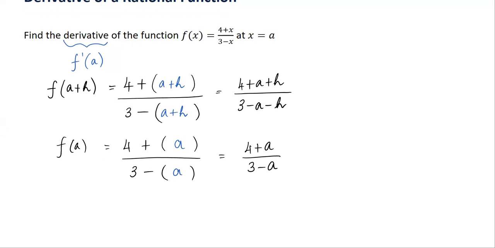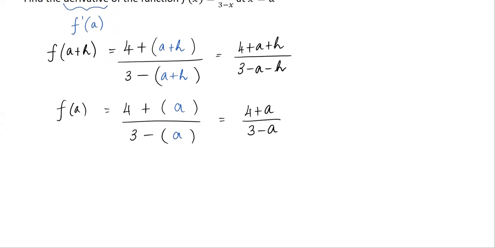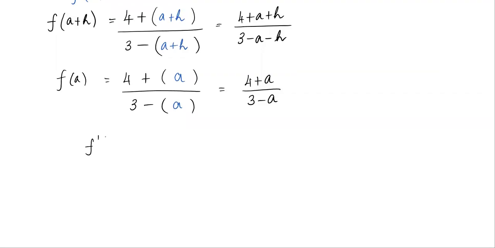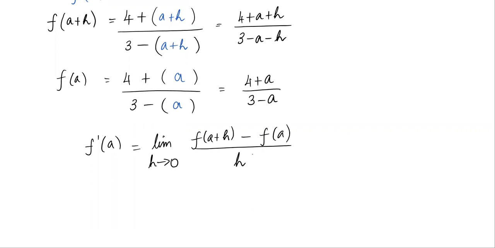All right, so let's go ahead and use the formula. F prime of a is the limit as h approaches 0 of f of a plus h minus f of a all over h.